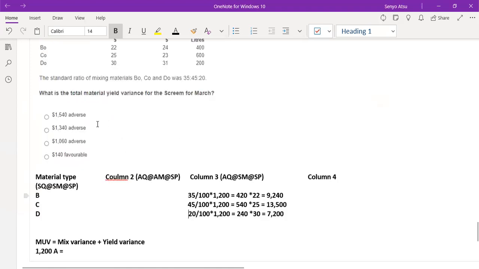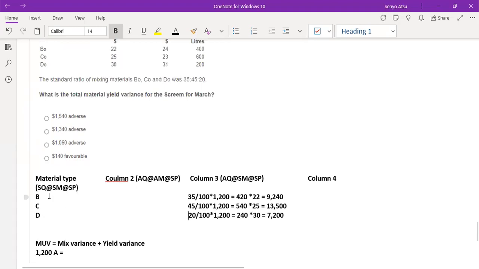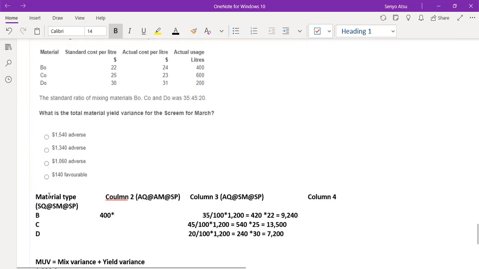The actual quantities we used, 400 at the standard price of 22.